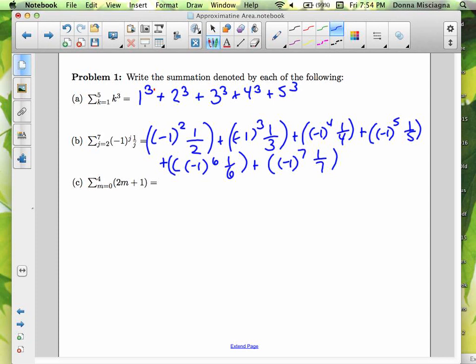And then finally, the last one there would be the sum of the values for 2m plus 1 with the lower limit of 0 and then all the way to our upper limit of 4.